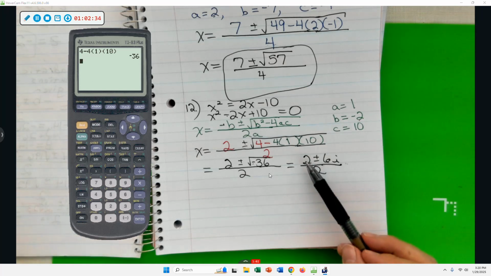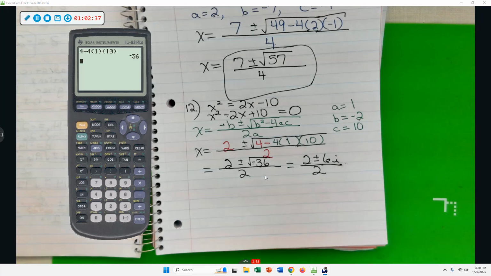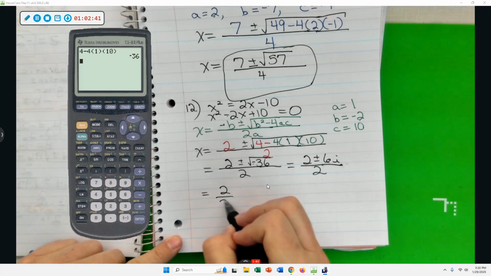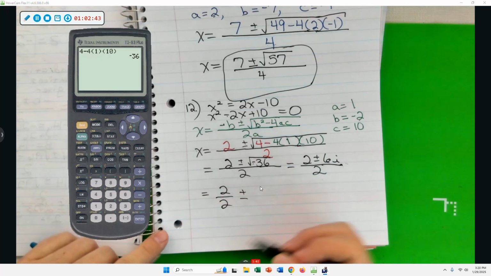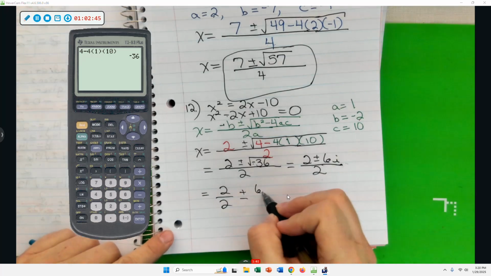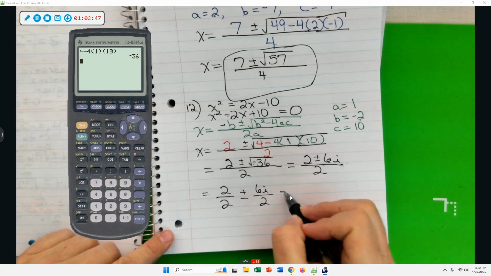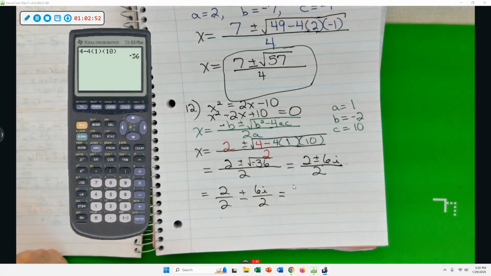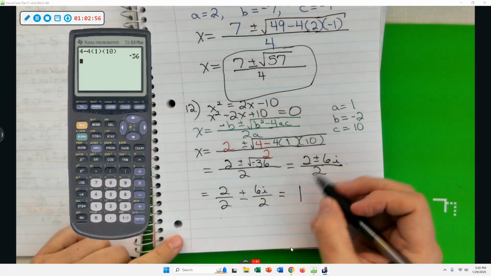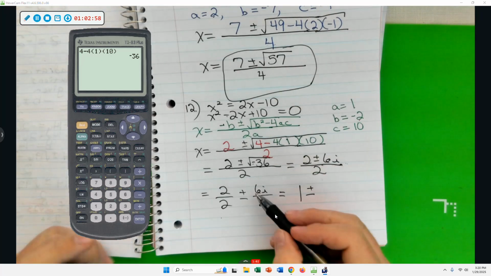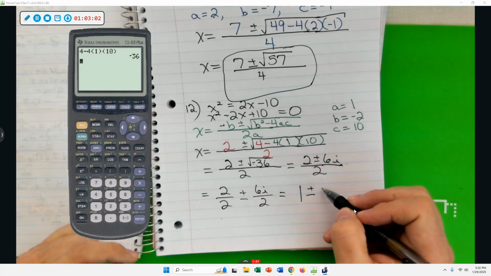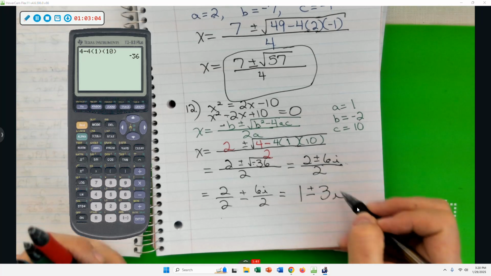Okay, we have a sum or difference over an integer. We split up. If you have an i on top, that's when you go 2 over 2 plus or minus 6i over 2, and this sure reduces nicely. 2 divided by 2 reduces to 1, plus or minus 6 divided by 2 gives me 3. Don't forget the i.